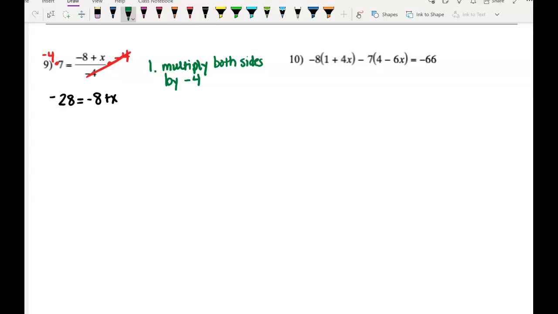So now what is the next step? Once I've cleared that, what would I need to do next in this problem to find out what x equals? What would be my next step? Yeah, so my next step is add 8 to both sides. It's a negative 8.